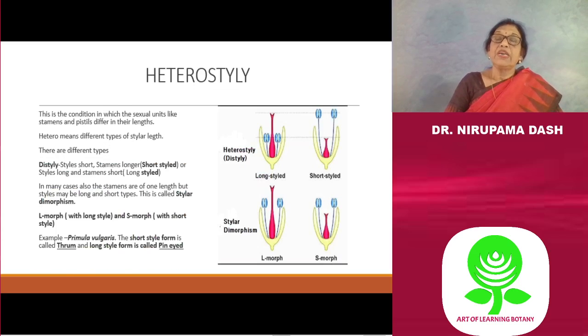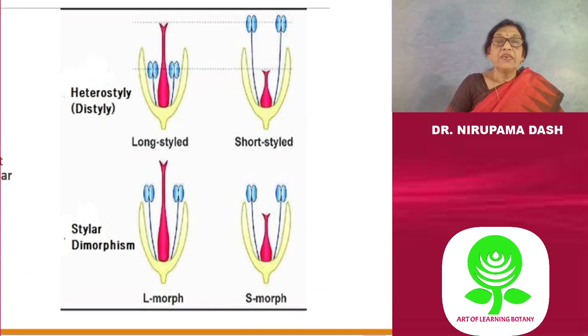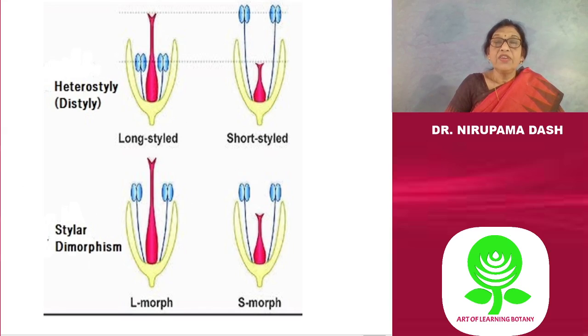Coming to heterostyly, this is a condition also found in some flowers. Here the length of the style differs. Depending on the length of the style, heterostyly has two types: distyly and tristyly.